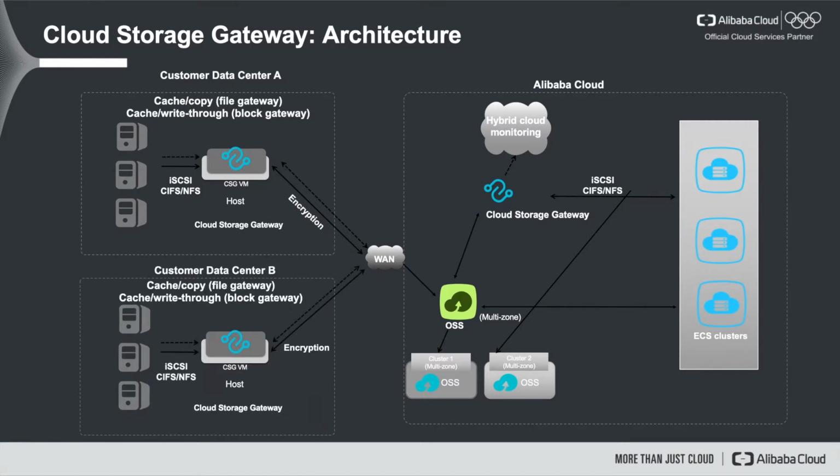There can be multiple cloud storage gateways installed in different environments, different data centers. What is the most important part? That we have to have connectivity to the internet or Alibaba Cloud, so the Cloud Storage Gateway can upload the files to the durable and performant Object Storage Service.